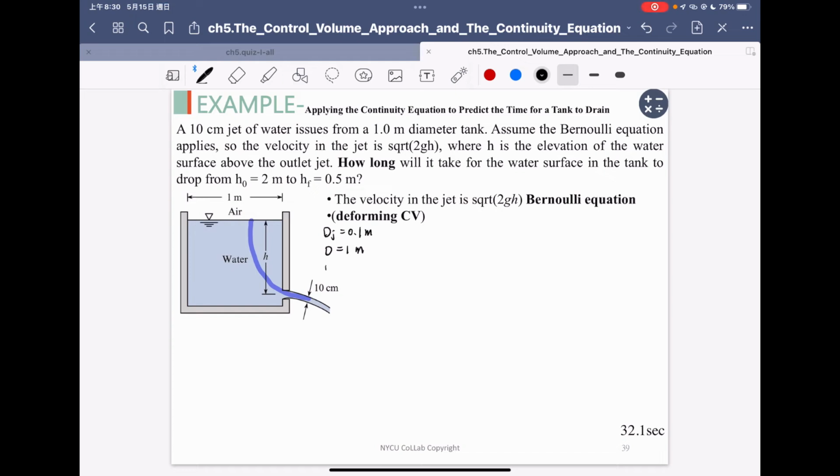So we know that V jet here is the square root of 2gh, and h here is the water depth. And so how long will it take for the water surface in the tank to drop from the initial water depth, which is equal to 2 meters, to the final depth, which is only 0.5 meter?